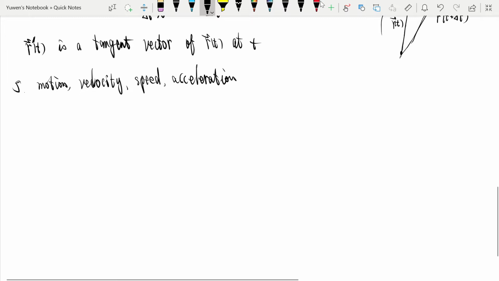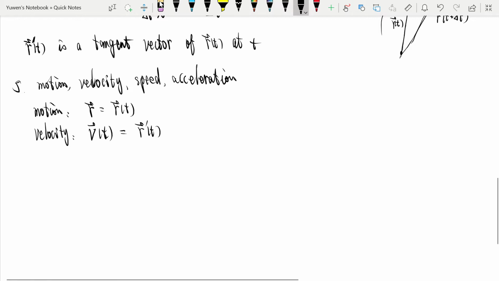What is motion of a particle? Motion of a particle is just r(t) itself, and its velocity, sometimes we write as v(t), the vector. v(t) is the derivative of r(t).